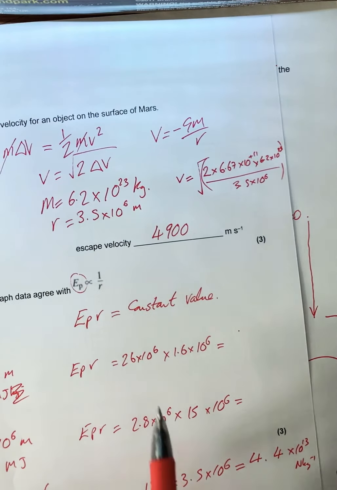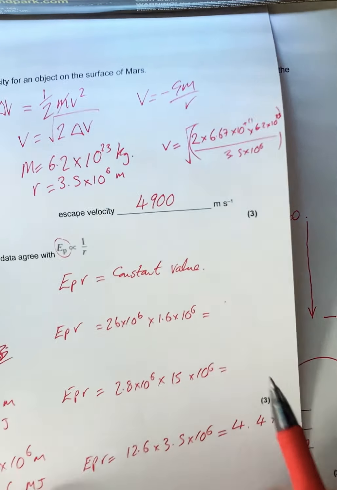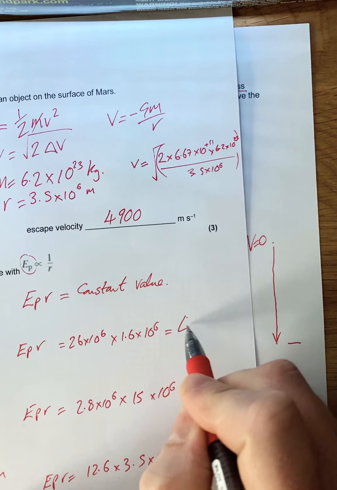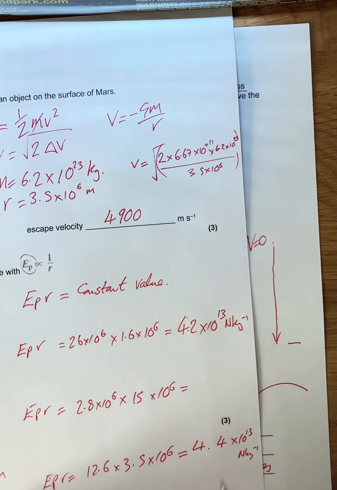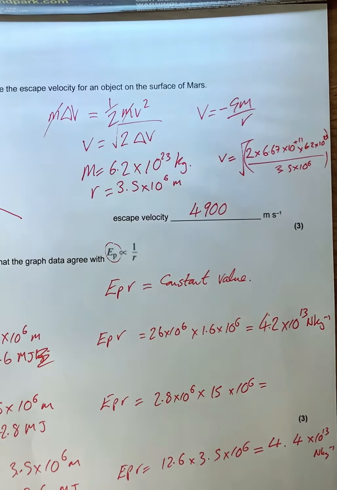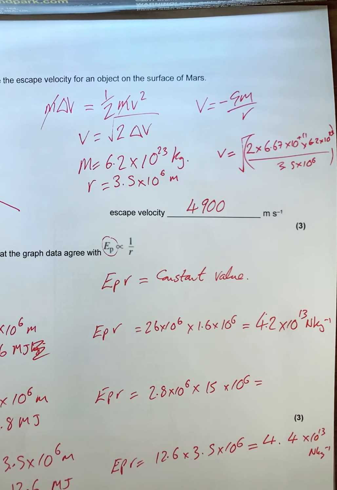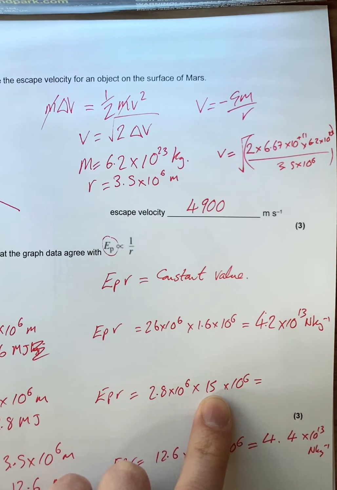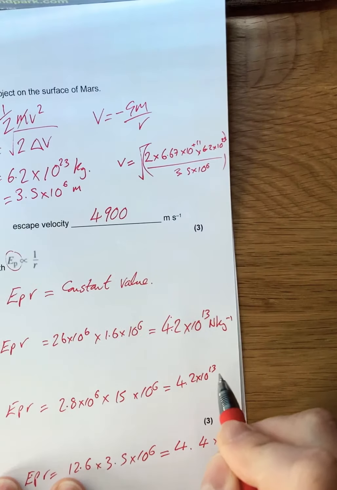And then if we've got 26 and 1.6, that comes out as 4.2 times 10 to the 13 newtons per kilogram. And then finally 2.8 times 15. That's 4.2 times 10 to the 13 newtons per kilogram.